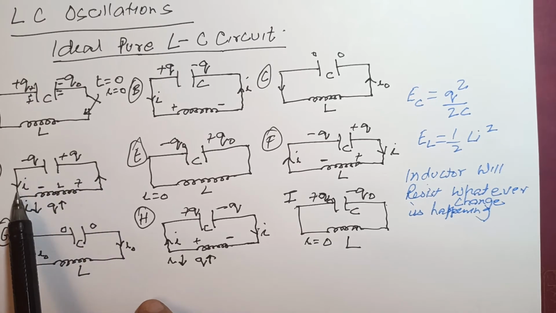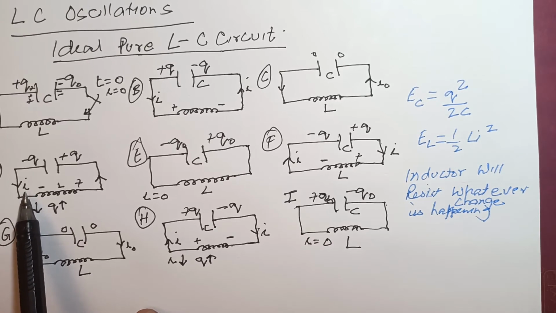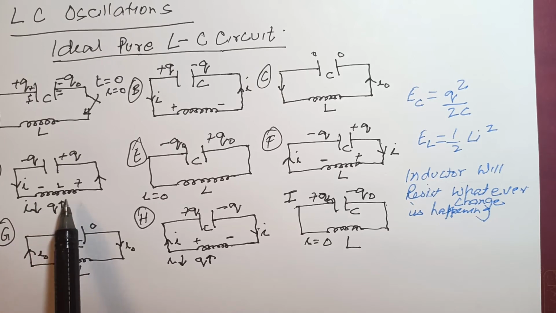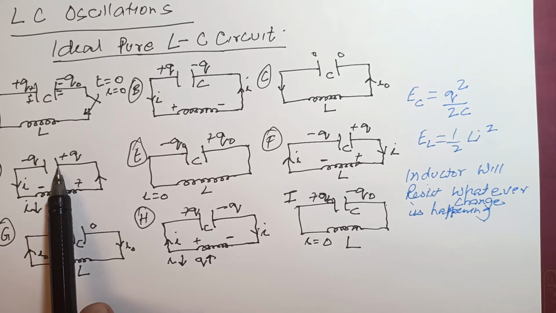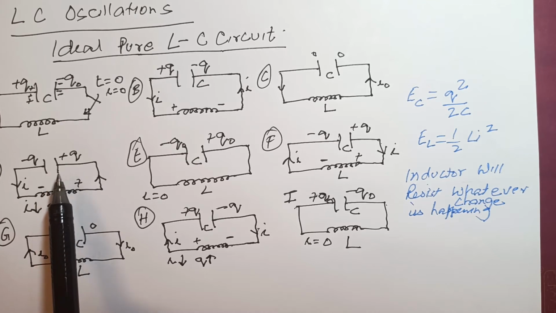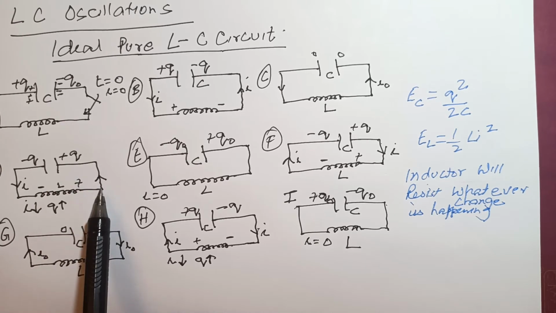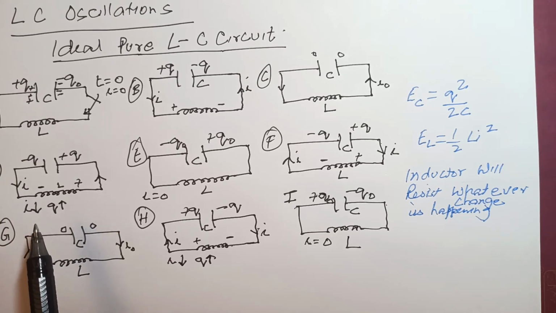When this is happening, the current in the circuit is I. Remember, it is not the peak current. Current flows from positive to negative.